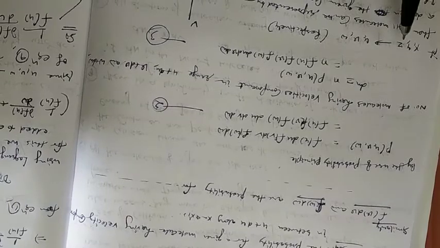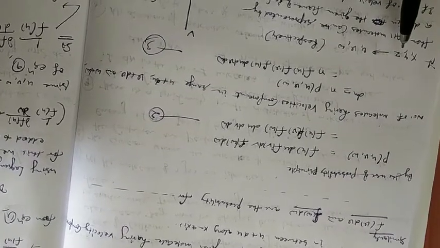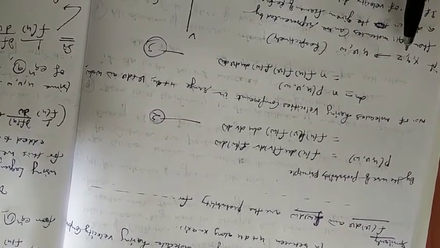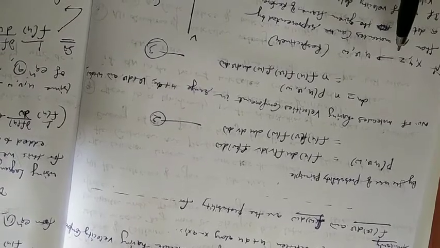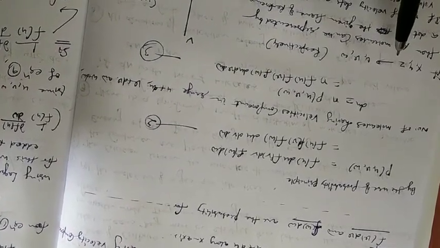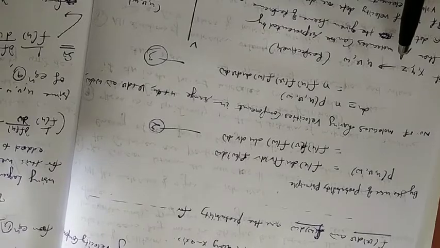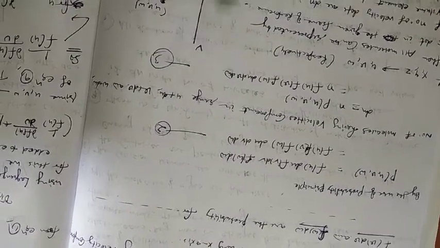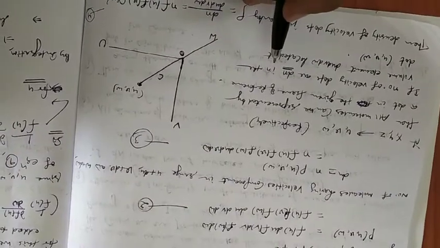If in any frame of reference we replace x, y, z by u, v, w, then all the moving molecules can be represented by a dot at point (u, v, w).